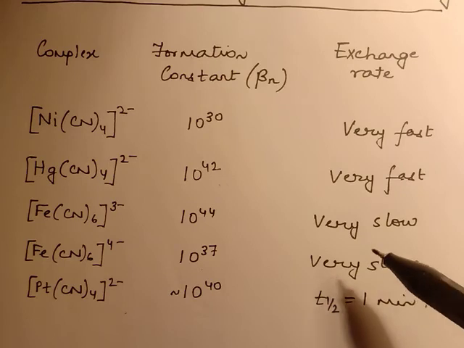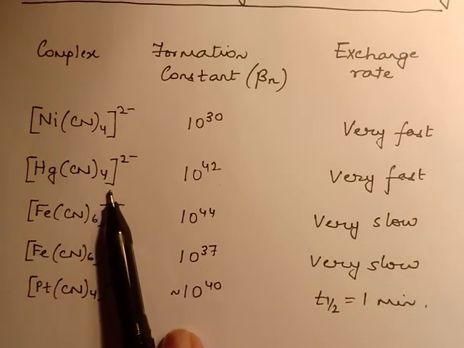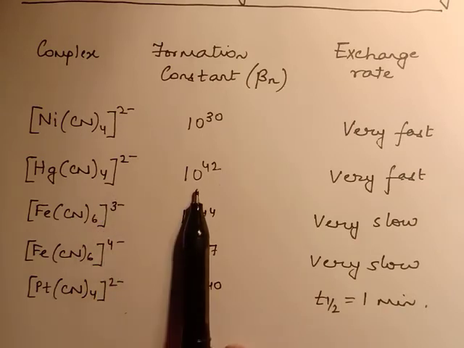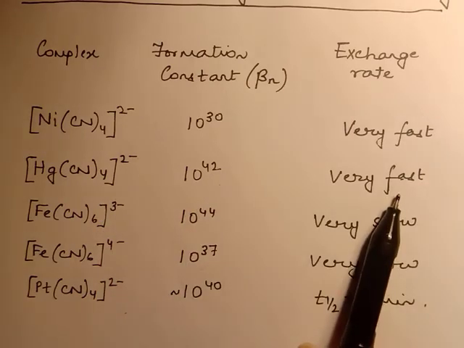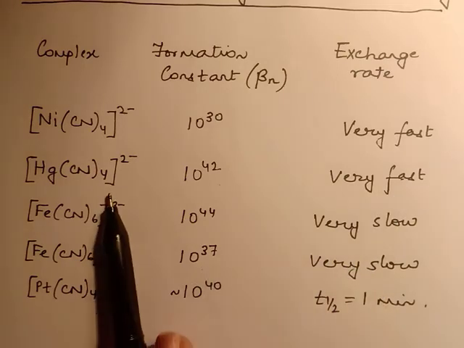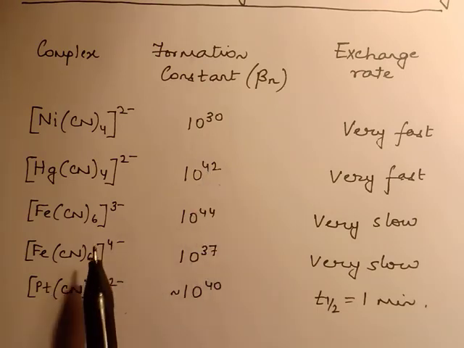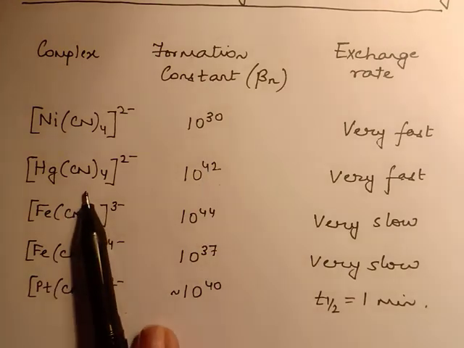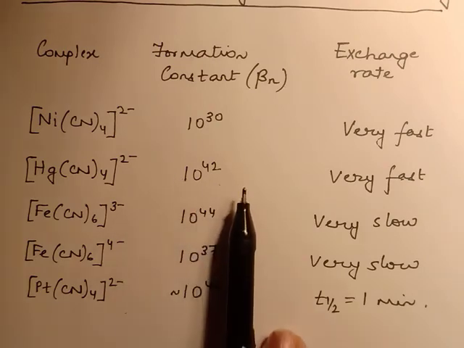Now, what is the experimental implication of this? For example, let us consider HgCN4 2-. This is thermodynamically stable and kinetically labile. So if we take an aqueous solution of HgCN4 2-, what it essentially means is that in aqueous solution, it exchanges ligands many times each second, but the entering ligand will always be CN-, not water, which is more abundant in solution.